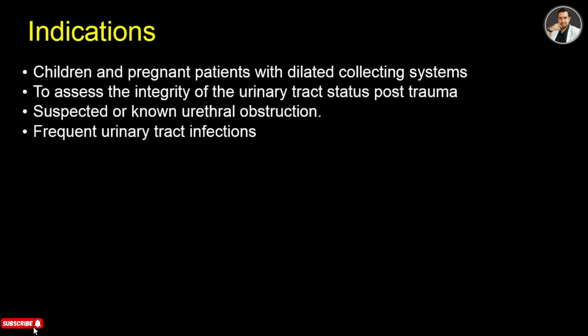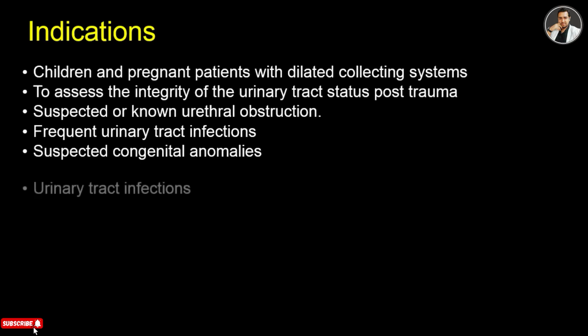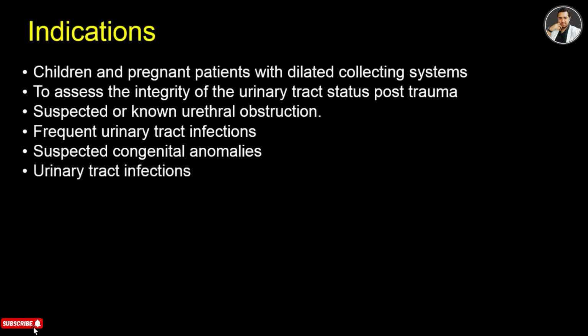And then frequent urinary tract infection. Suspected congenital anomalies. So if doctors suspect that this patient has birth defects of kidneys or bladder, that is called congenital anomalies, they advise MR urogram. And urinary tract infections, local staging of cancer.